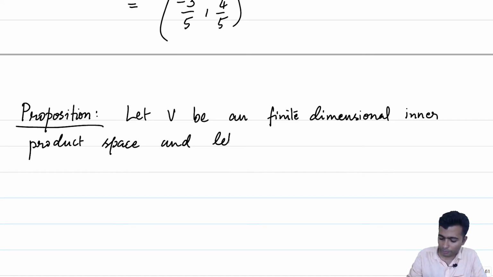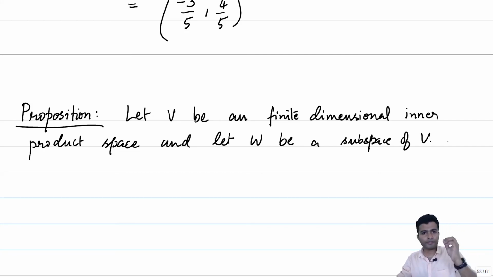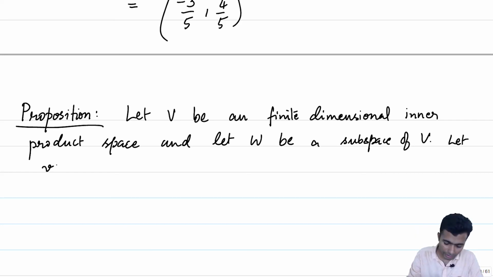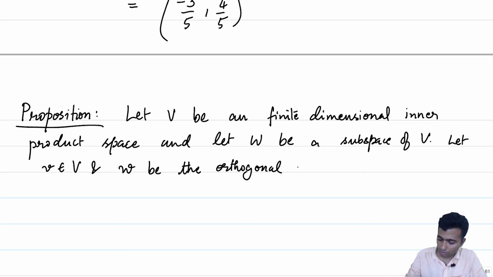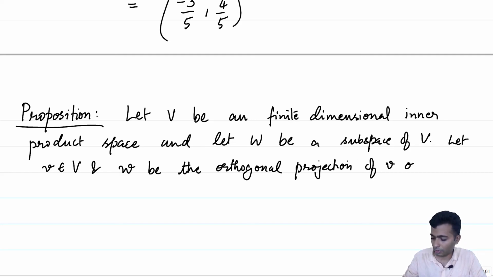And let W be a subspace of capital V, and let small v be a vector in capital V, and also let small w be the orthogonal projection of v onto capital W. We just defined what that is, right?